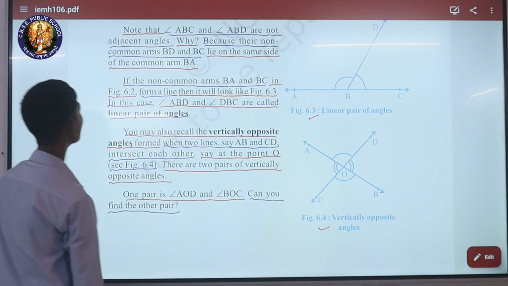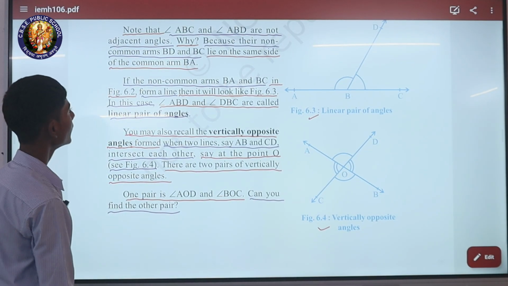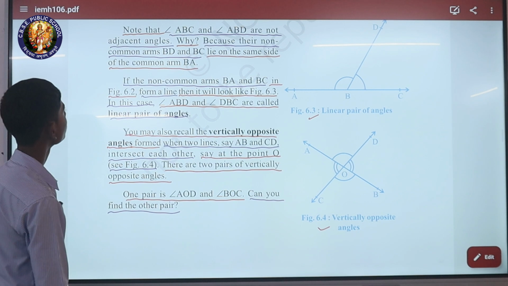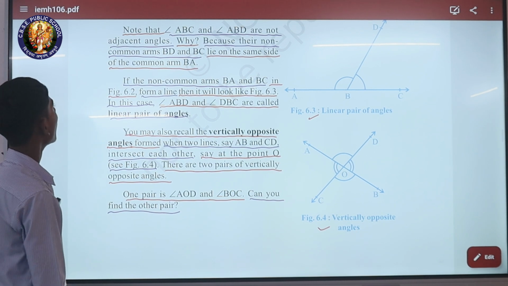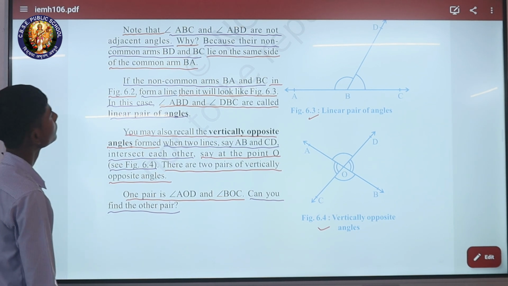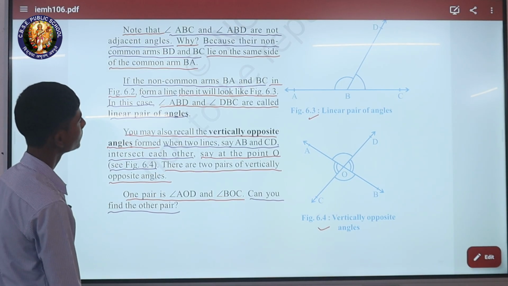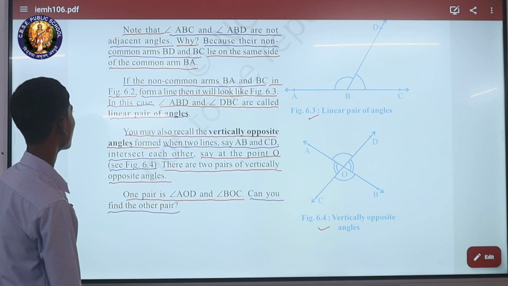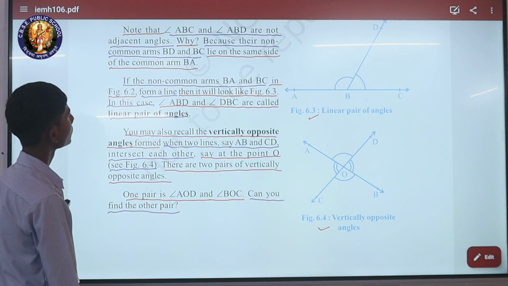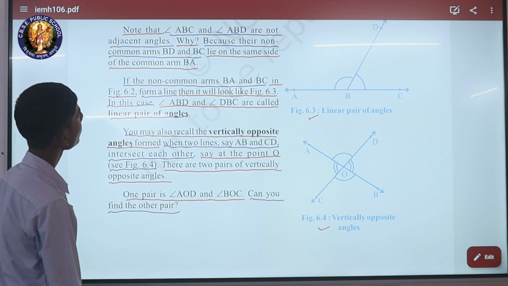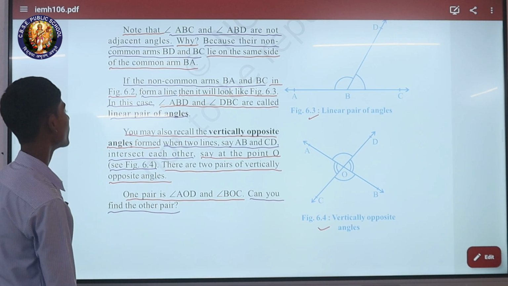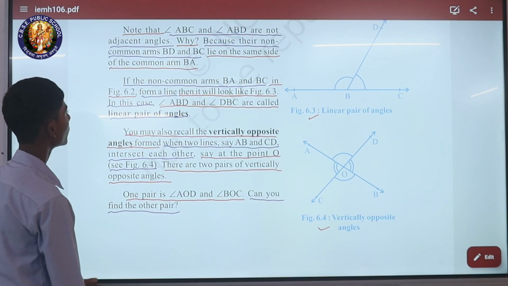Note that angle ABC and angle ABD are not adjacent angles. Why? Because their non-common arms BD and BC lie on the same side of the common arm BA.